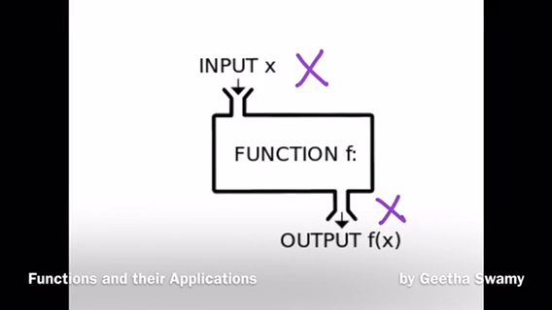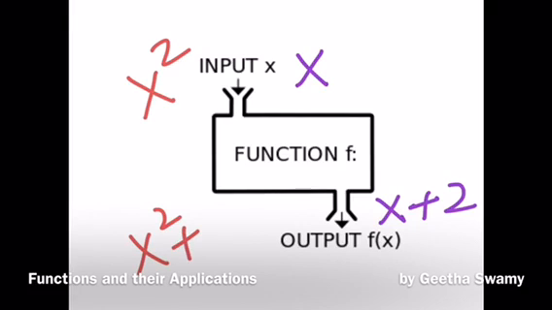It's x plus 2. If I put in x squared into this function, the output is going to be x squared plus 2. Basically what I'm saying is that whatever you put in this function that has a rule of add 2 is going to add 2 to it, so that your output will always be 2 greater.